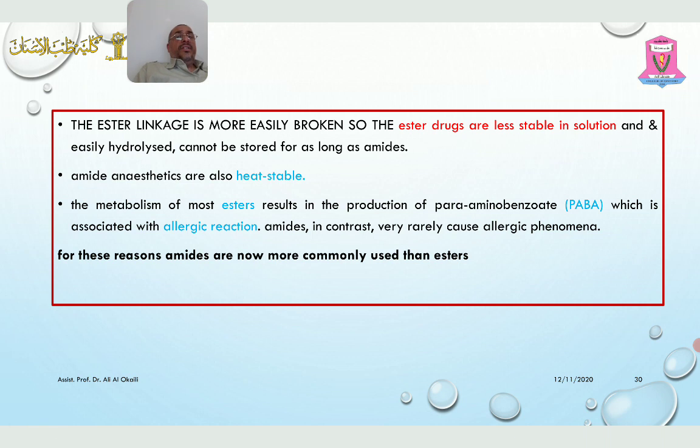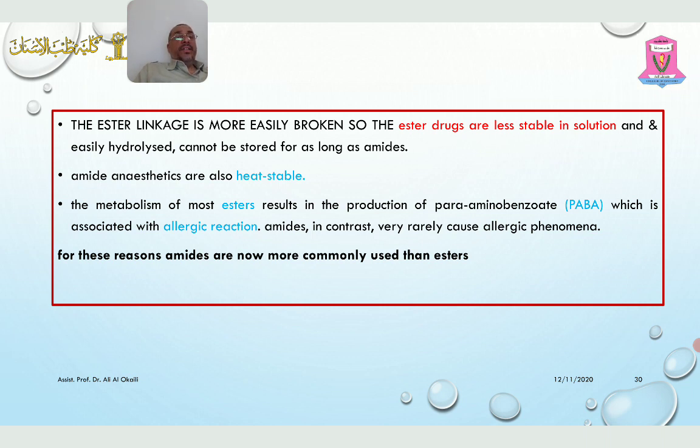The ester linkage is more easily broken, so the ester drugs are less stable in solution and are easily hydrolyzed and cannot be stored for a long period of time comparing to the amides.